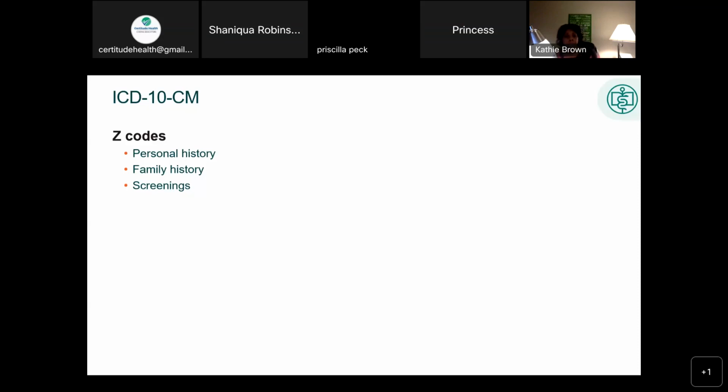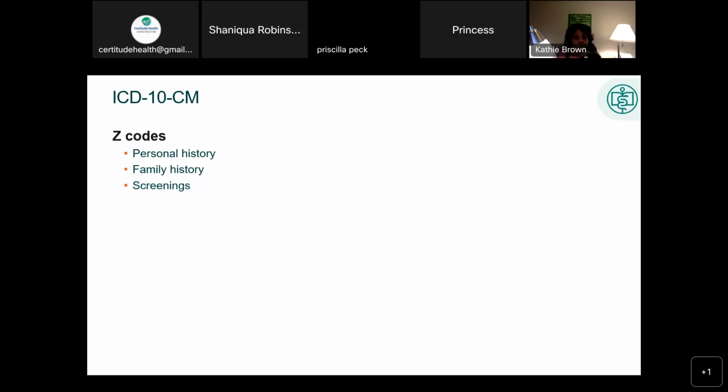Let me make sure I'm saying the right thing. Oh, long-term use of non-steroidal inflammatory, which would be like some of your albuterol inhalers, long-term use of albuterol. So you may see some of those as well.